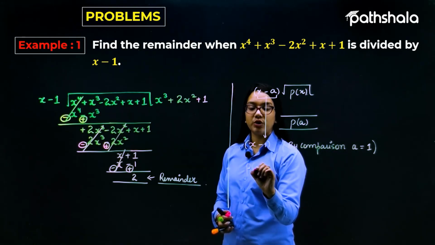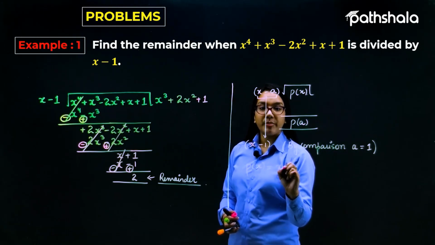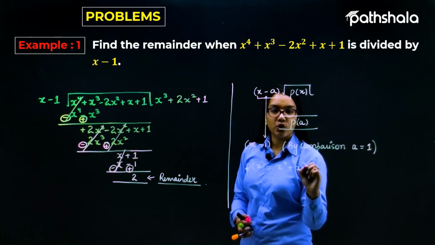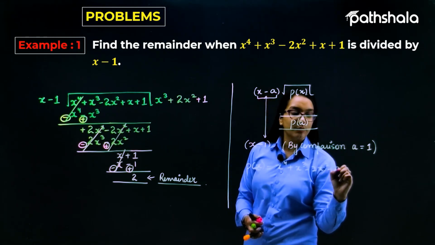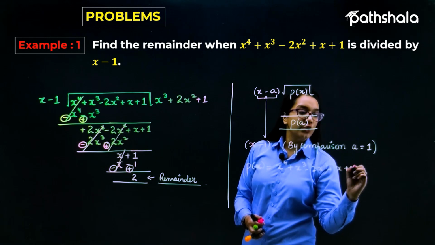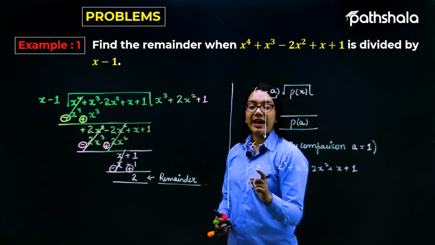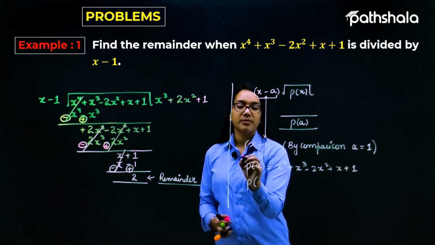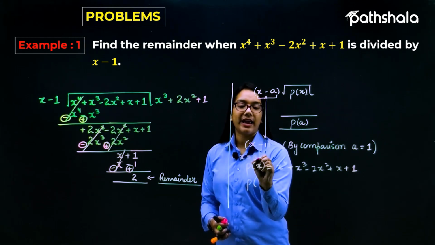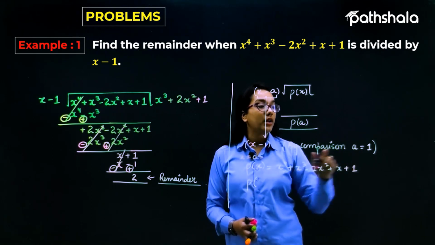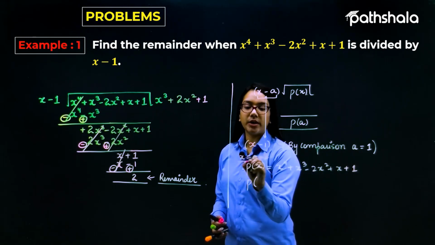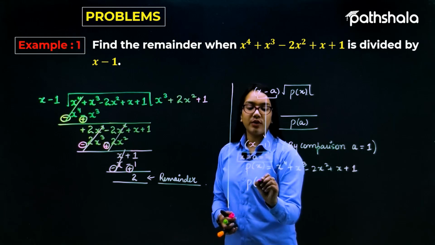We are substituting in the polynomial P(x), x raised to the power 4 plus x cube minus 2x square plus x plus 1. We substitute x as a, and a is 1.